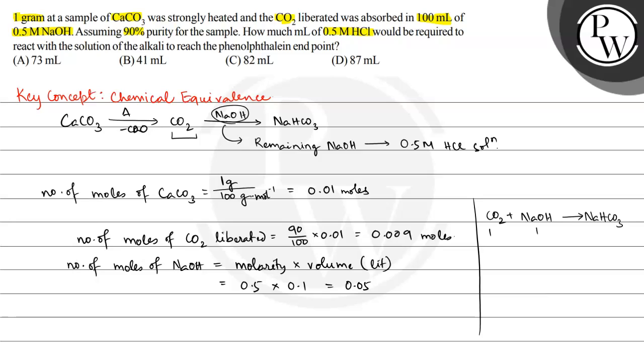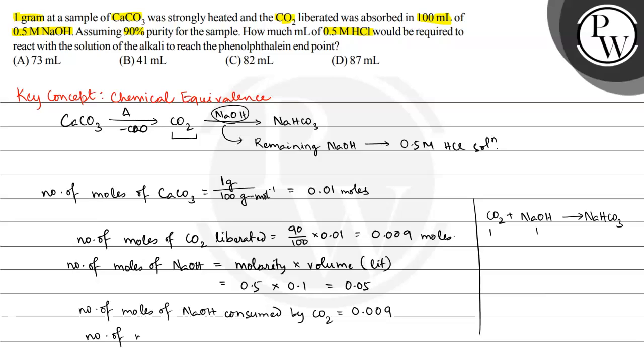Alright, so number of moles of NaOH consumed by carbon dioxide will be equal to the number of moles of carbon dioxide, because 1 mole of carbon dioxide के साथ 1 mole of sodium hydroxide react कर रही है. So number of moles of NaOH consumed by carbon dioxide will be equal to the number of moles of carbon dioxide liberated, that is equal to 0.009.